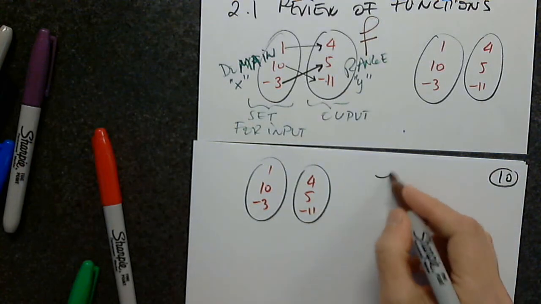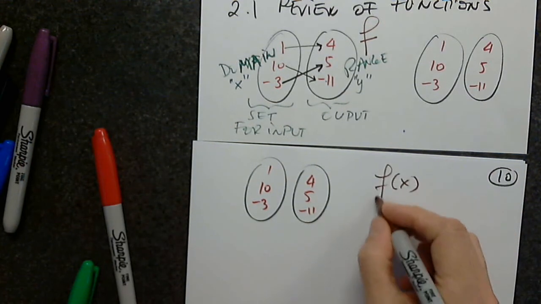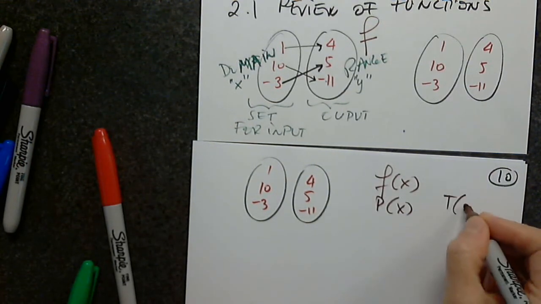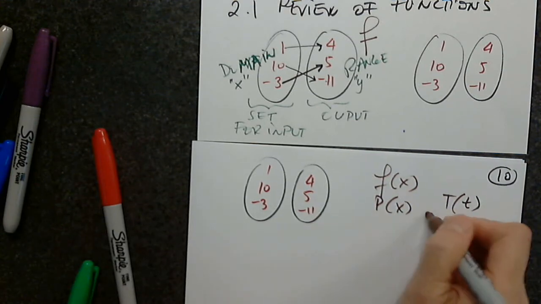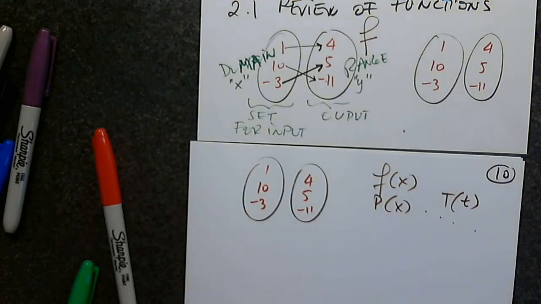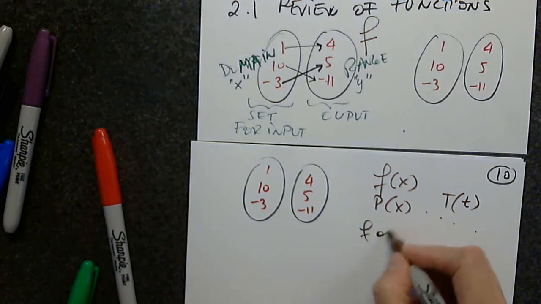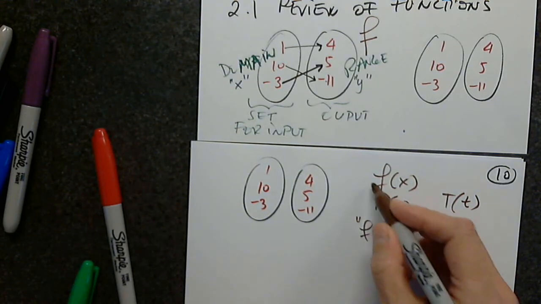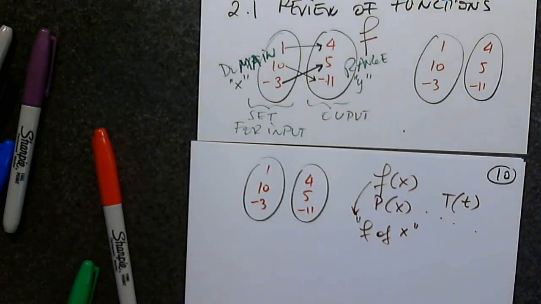The notation for the function is f of x, or p of x, or t of lowercase t, you can go on forever. So f of x. So this is how we read it, and it's the same thing with y values. And a student asked me today, really, why do I need y and f of x? For many reasons, and here's one reason.